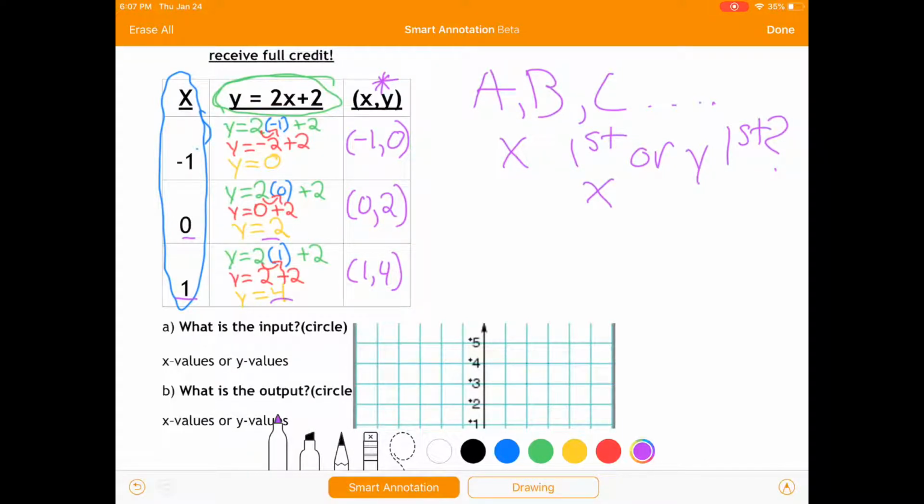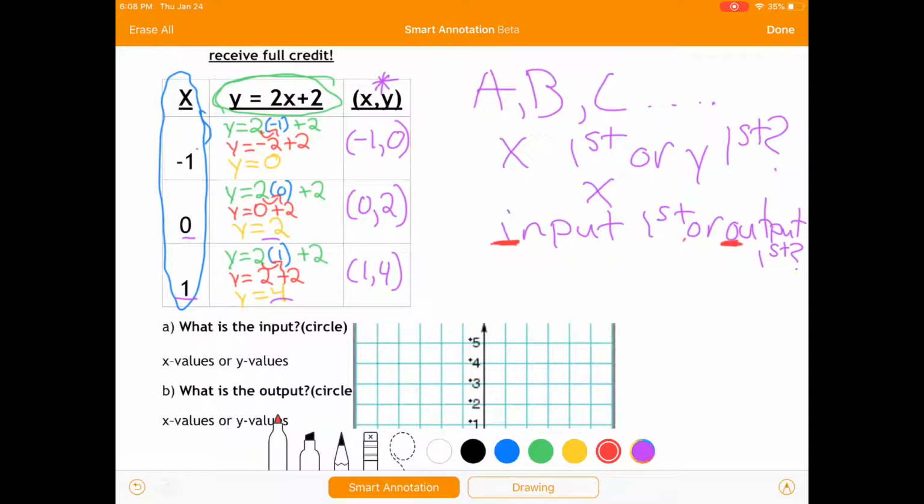If we were comparing input and output, would I come first in the alphabet or would O come first?